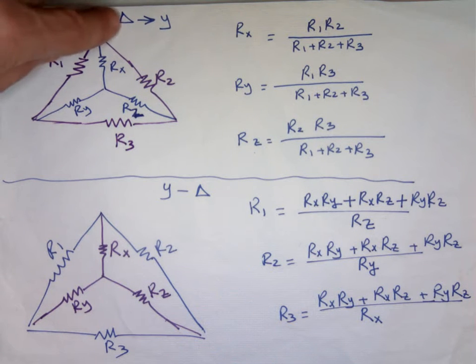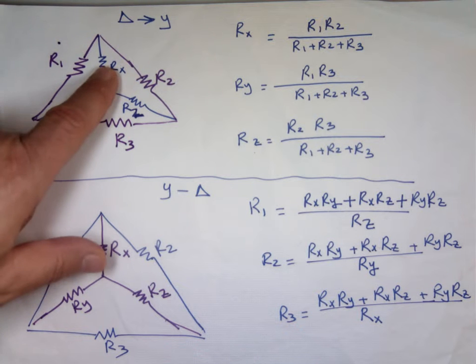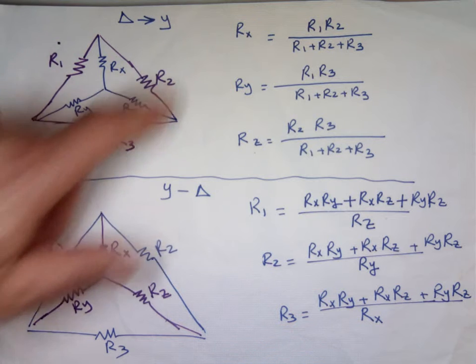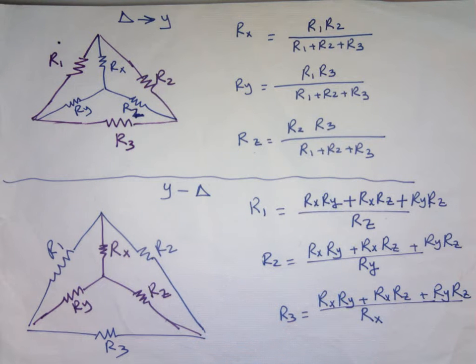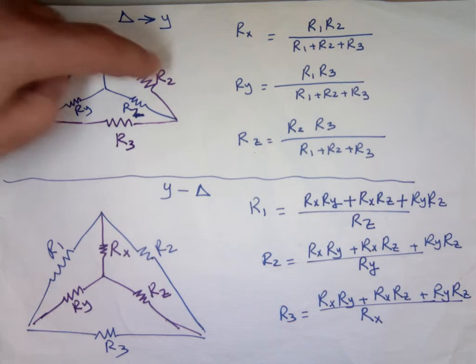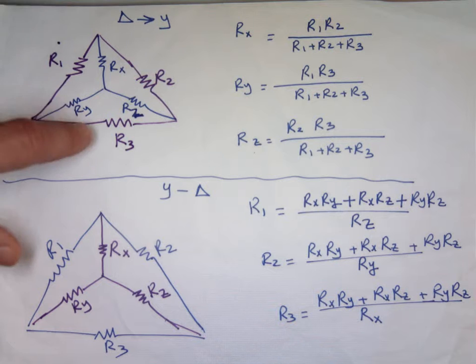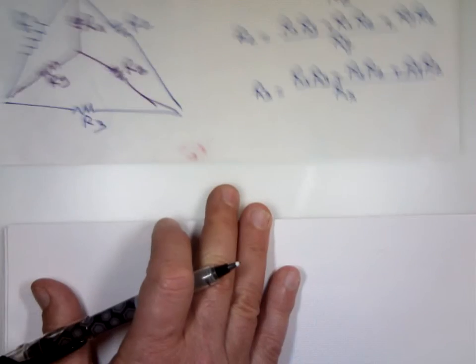If you have delta, you want to convert that to Y. This resistor here is the product of these two over the sum of the three of them. This resistor R2 is the product of these two over the sum of them. And this resistor, the product of these two over the sum of them. Well, that doesn't change here when you have Z's, so we'll call them Z delta and Z Y.